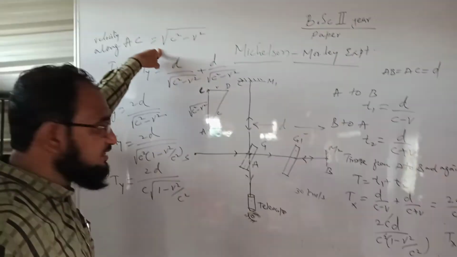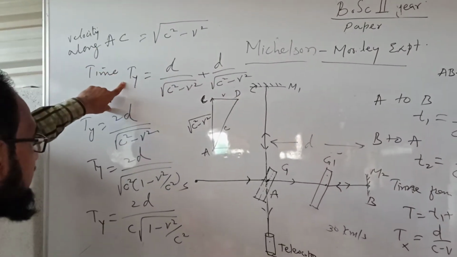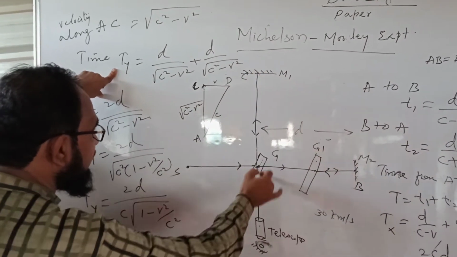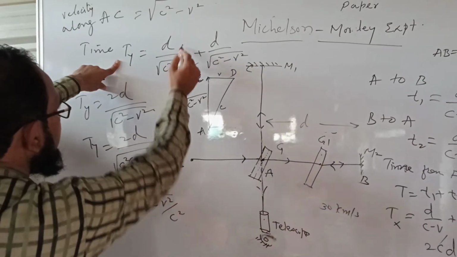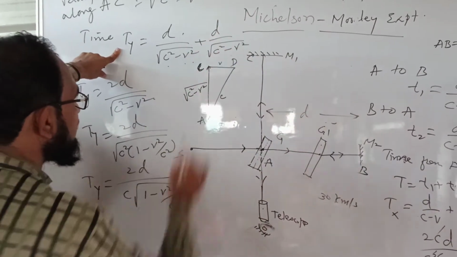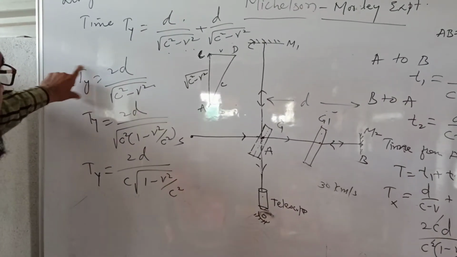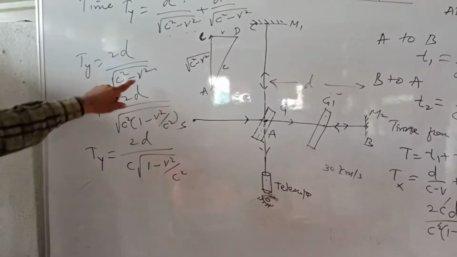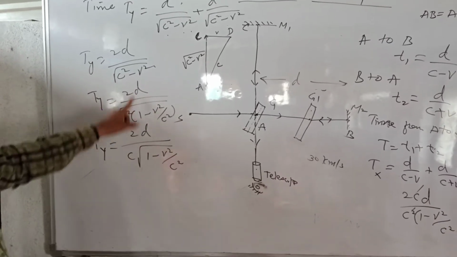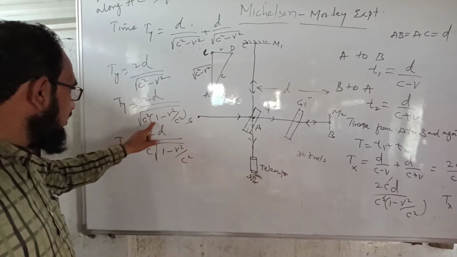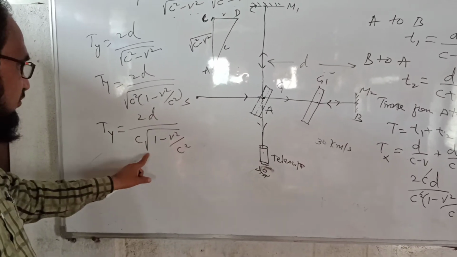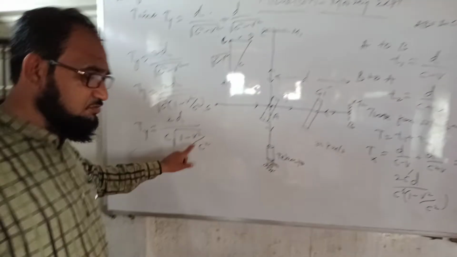Therefore the time taken by the light ray to move from A to C and back from C to A is d upon root over c square minus v square plus d upon root over c square minus v square. The total time is 2d upon root over c square minus v square. That is, ty equals 2d upon c, with c square taken common, root over 1 minus v square by c square.